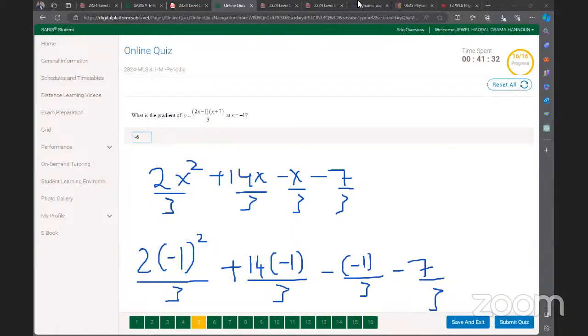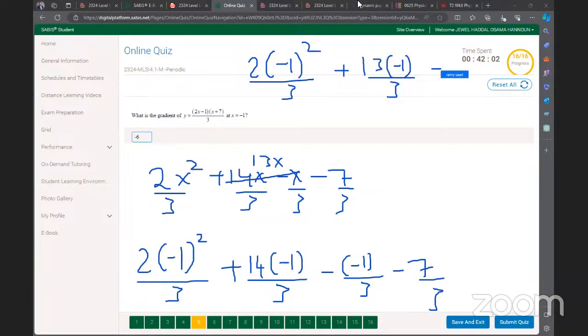Sir, I got -6. Wait, 14x minus x is 13x, we write it like that. Maybe the calculator got confused, but I don't think so. Put it like that on the calculator.